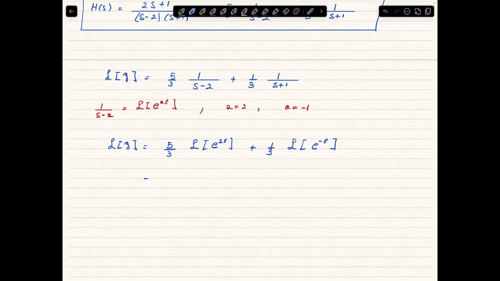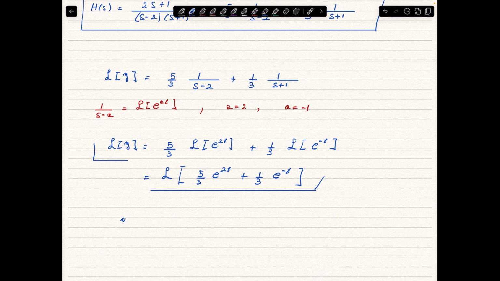But the Laplace transform is a linear operation, so this is the Laplace transform of 5/3 exponential 2t plus 1/3 exponential -t. Since these two Laplace transforms are equal, then the functions must be equal, and then we end up with our solution. y of t is 5/3 exponential 2t plus 1/3 exponential -t.